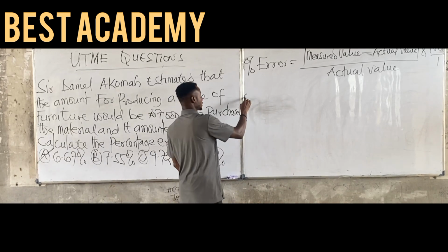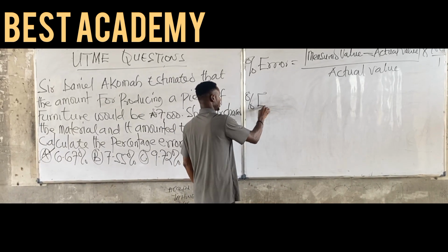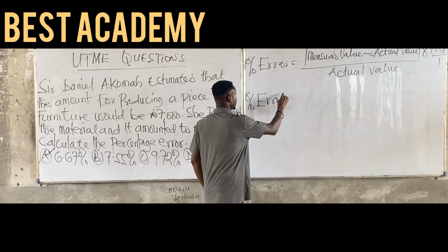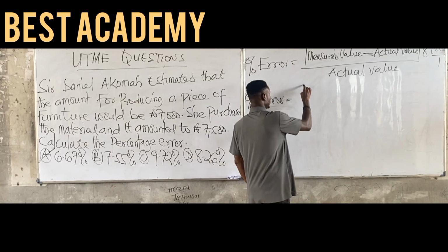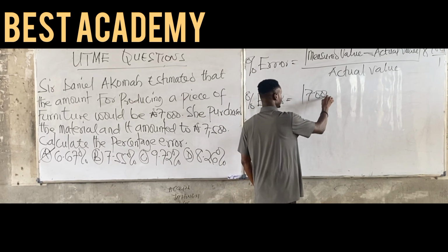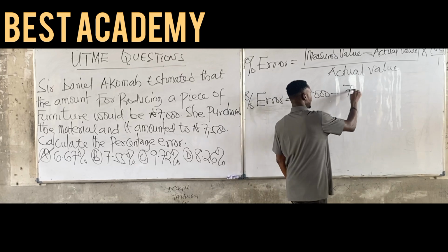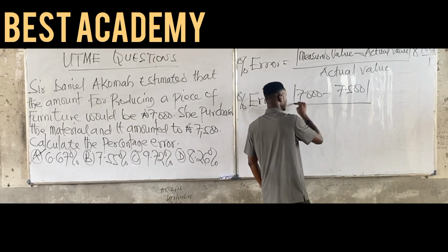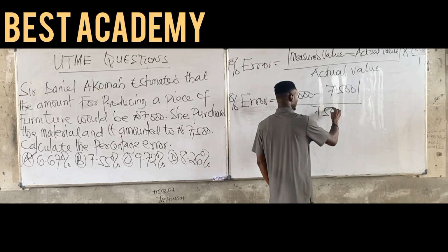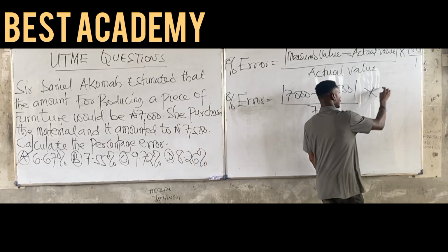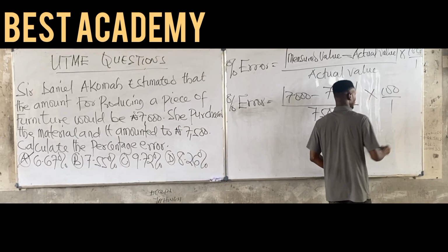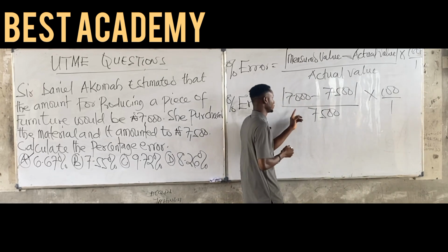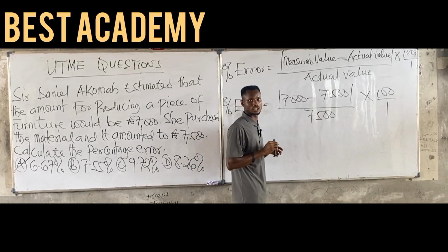That means our percentage error, please take note of this, is going to be equal to the magnitude of 7,000 minus 7,500, divided by 7,500, times 100 over 1. When you punch your calculator, 7,000 minus 7,500 gives us minus 500.